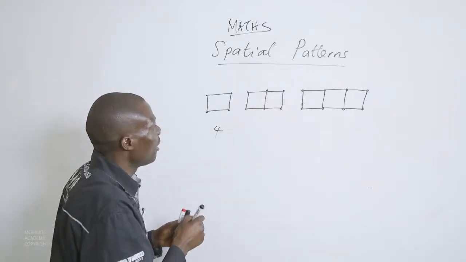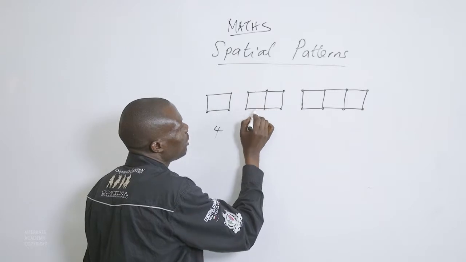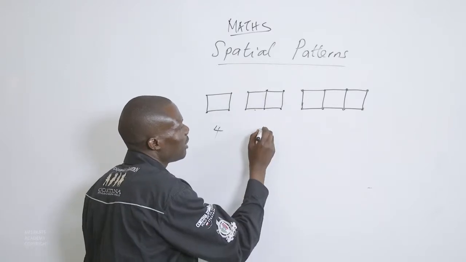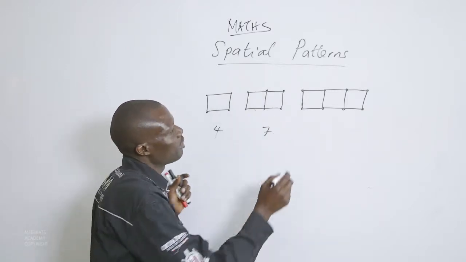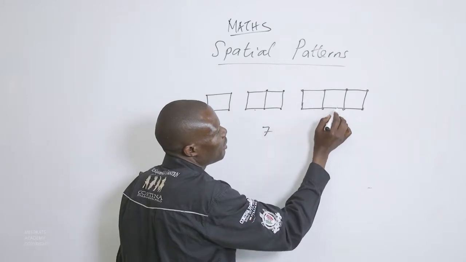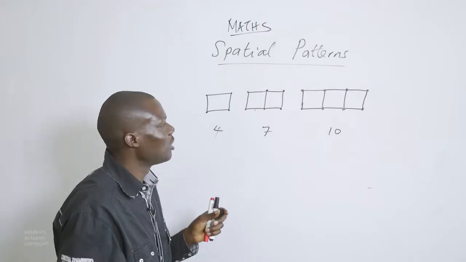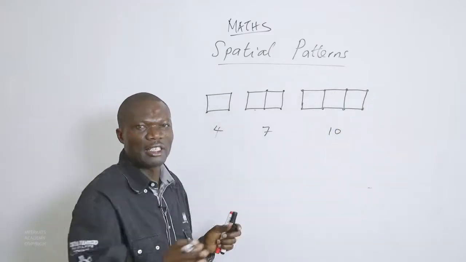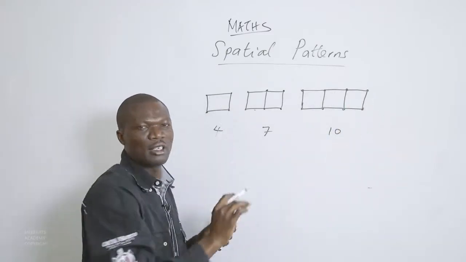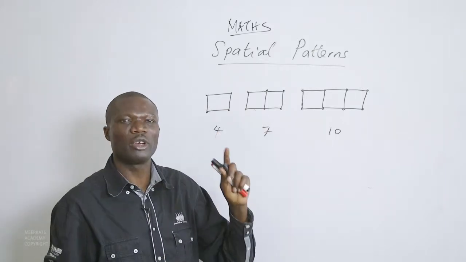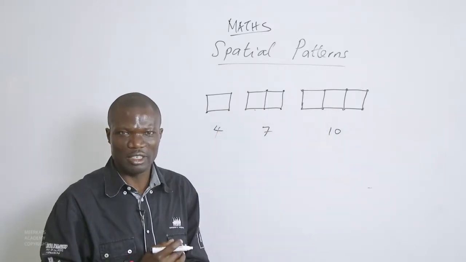But now look here. If we count the sticks here, 1, 2, 3, 4, 5, 6, 7, you find this is 7. And if you count this one here, 4, 5, 6, 7, 8, 9, 10. This is 10. So the spatial pattern tells us we have 1 square, 2 squares, 3 squares.